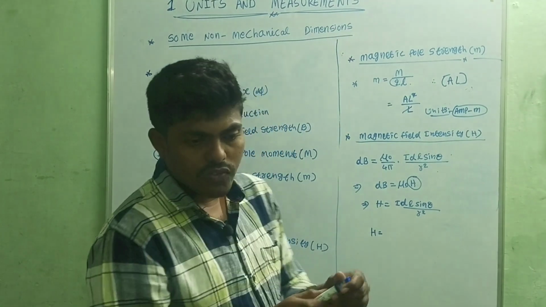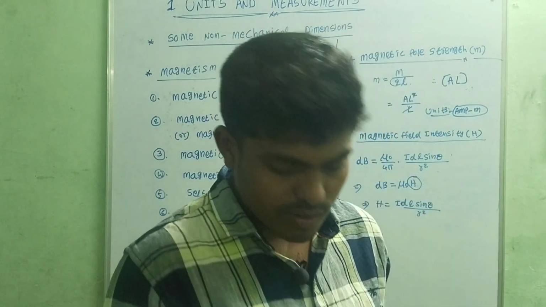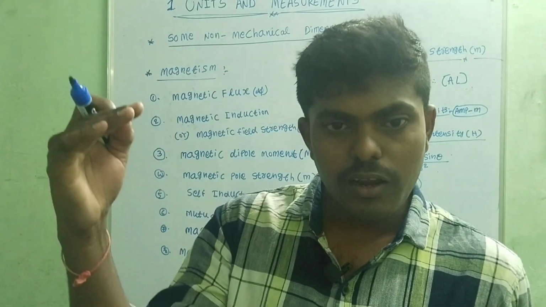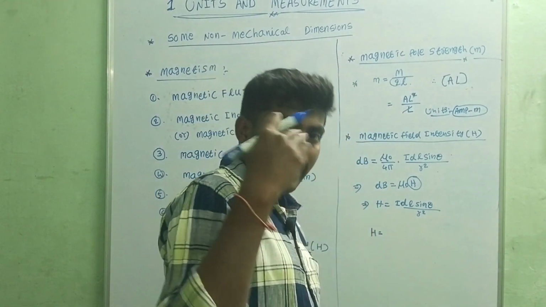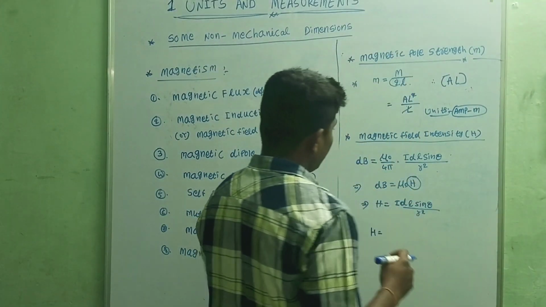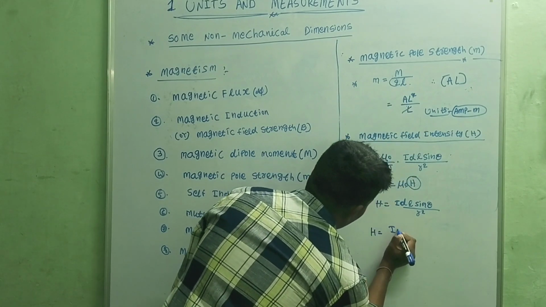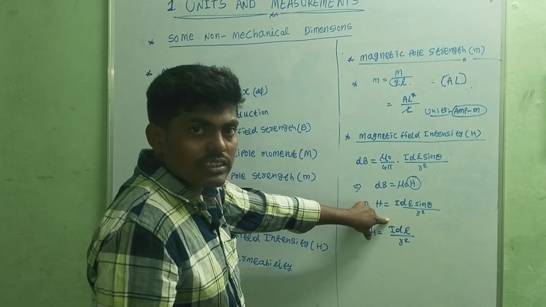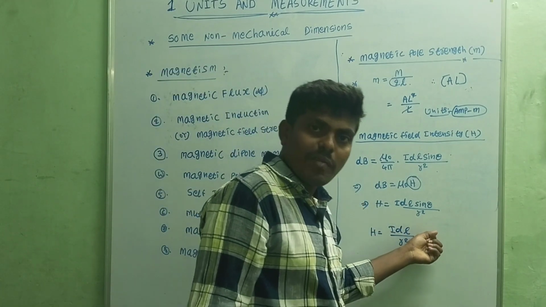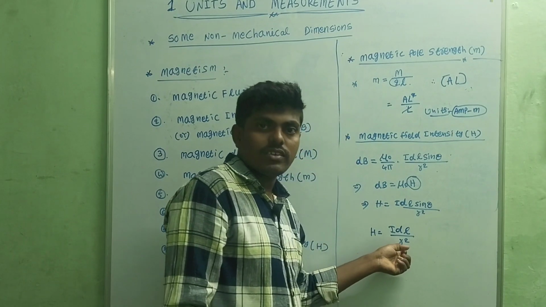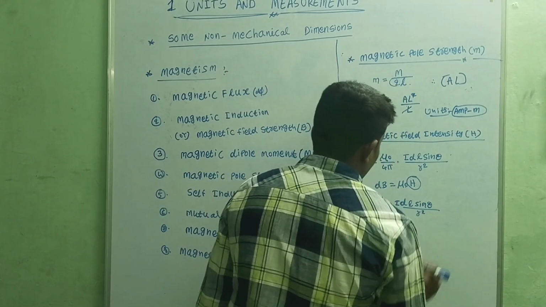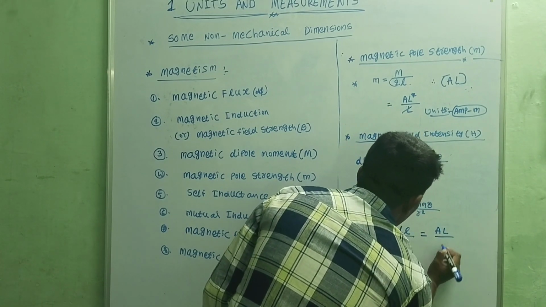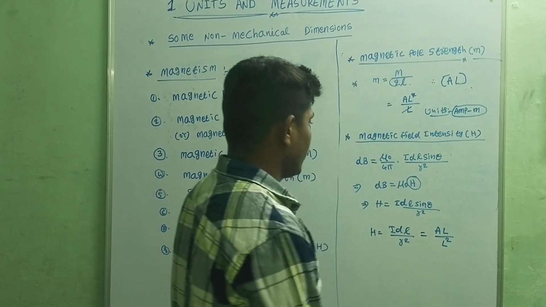So already we know, according to the rules of the dimensions, numericals and trigonometric values are neglected. So when we write the dimensions, it can be written as I dl by r square. So here I means the dimensions of current, dl means dimensions of length, and r also dimensions of length. So now we can write it as AL by L square.